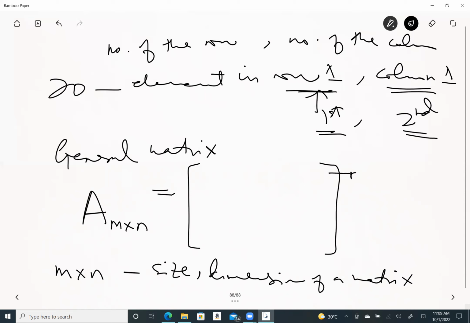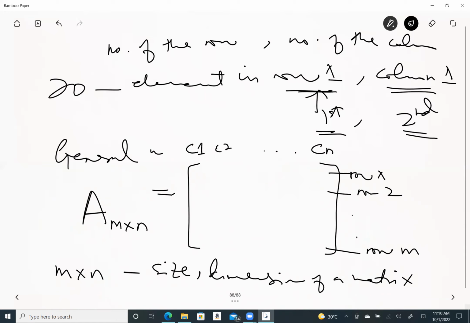So this is row 1, row 2, up to row M. And similarly for the column, you have N columns. So I have C1, C2, up to Cn.